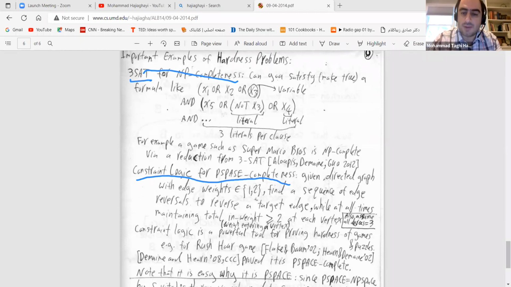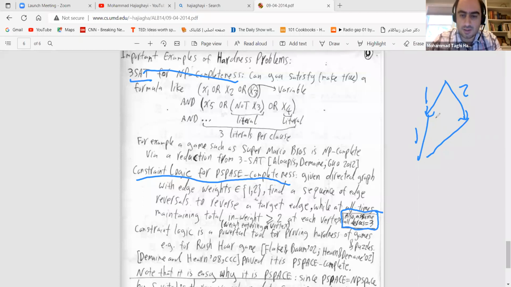The problem is this one. Given a directed graph with edge weights 1 and 2, find a sequence of edge reversals. So some directed graph is given to you, and we can assume all the degrees are 3.